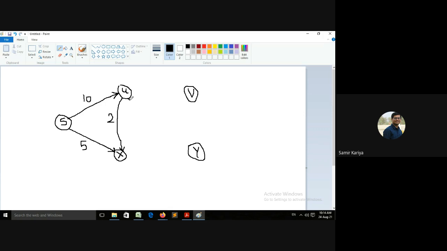Two. Here it's a 3. X to V, that's a 9. These are the connections. That's a 1. This distance, that's a 2.